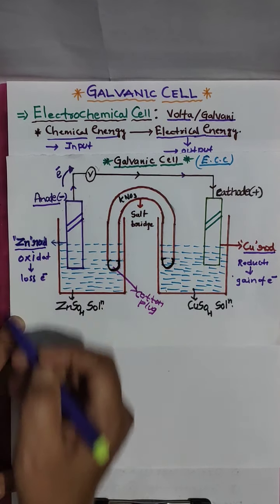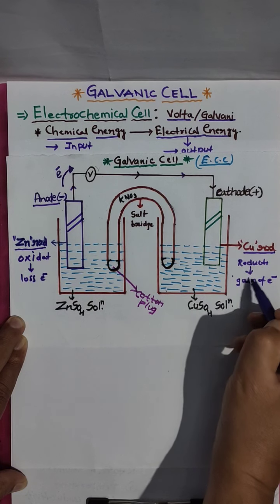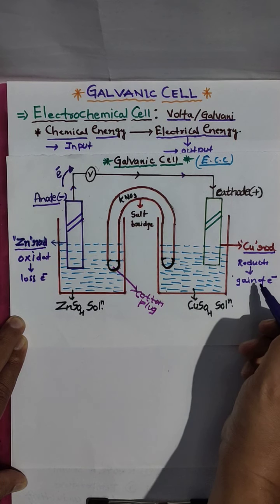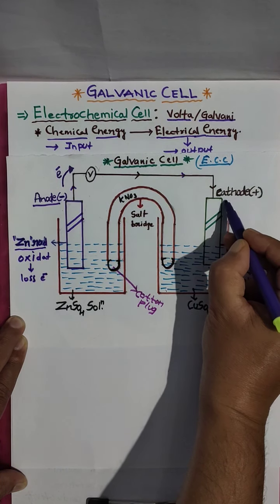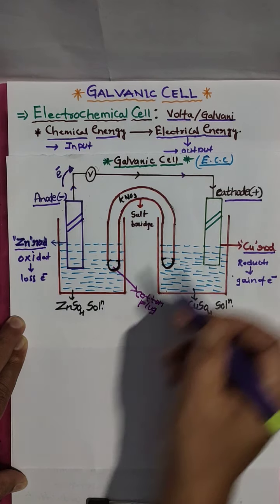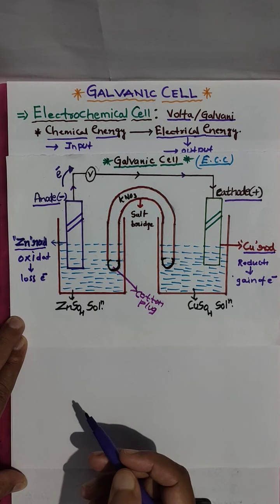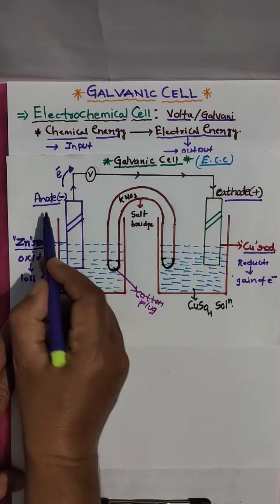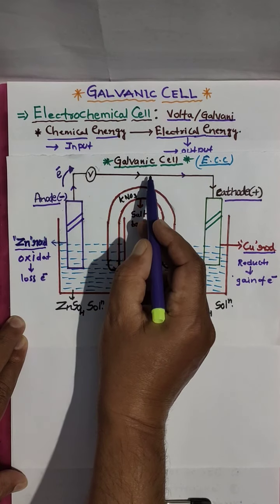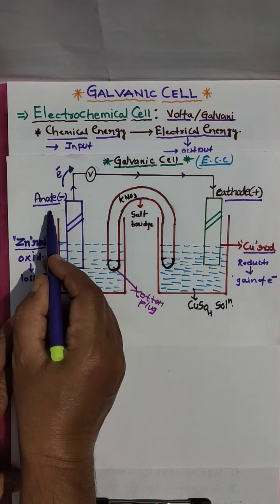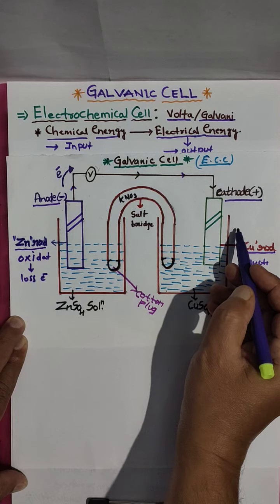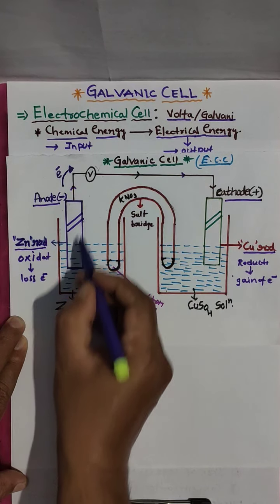Oxidation takes place at the anode. When the copper rod gains electrons, that is called reduction. So the cathode side is reduction. Already we discussed. But why are we giving the sign in the galvanic cell as negative for anode and positive for cathode? Here electrons are releasing.